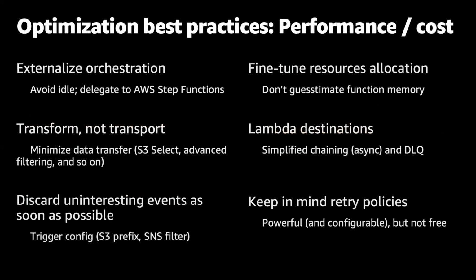Now, I want to focus on the one thing that does not force you to re-architect everything, and that is fine-tuning resource allocation. That's very low-hanging fruit that you can use to optimize the cost and performance of your functions without re-architecting your application, without changing programming language, without using a lot of other services, or transforming the whole pipeline of your data.